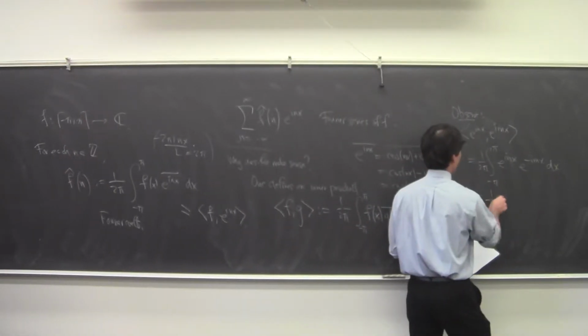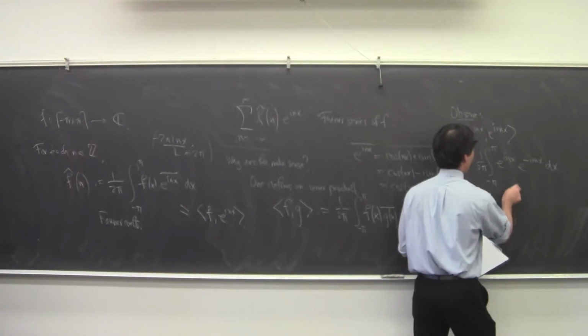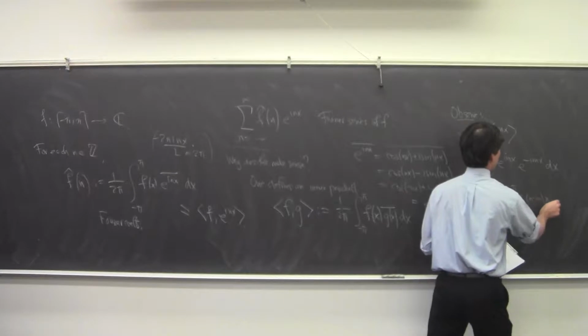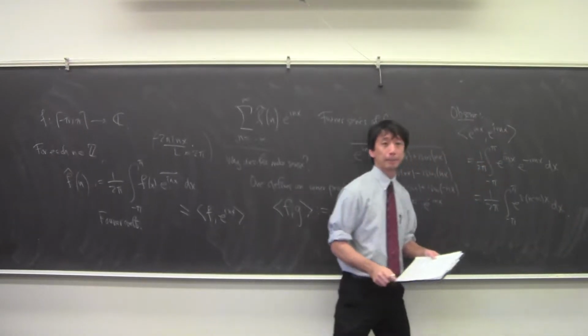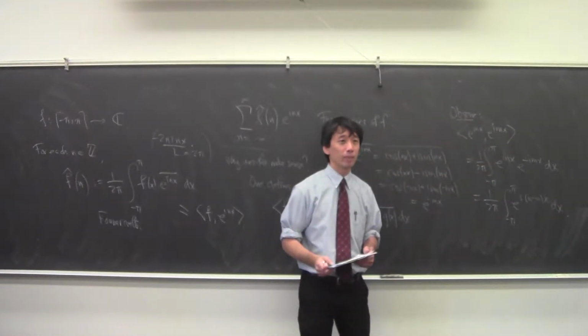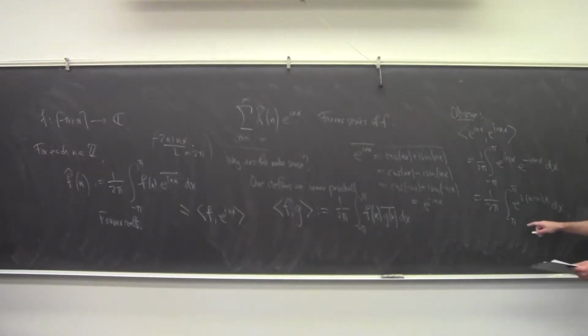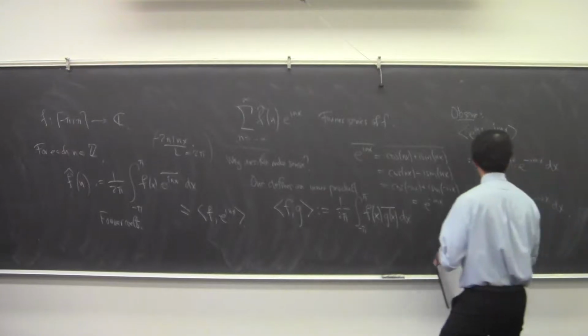Well, that's just 1 over 2 pi, integral from negative pi to pi of e to the i(n minus m)x dx. But this function is 2 pi periodic, so you get 0.